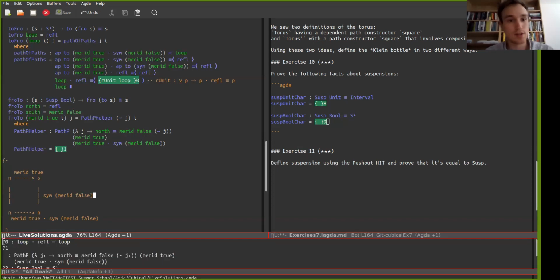Okay. This is sort of this path P, right? As J goes from 0 to 1. So this is the J direction. We go from this guy down to this guy. Yes.